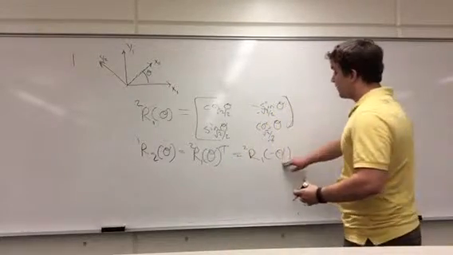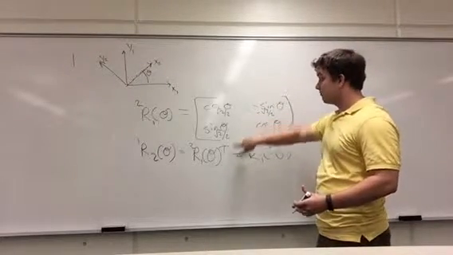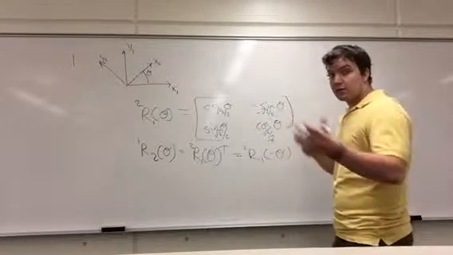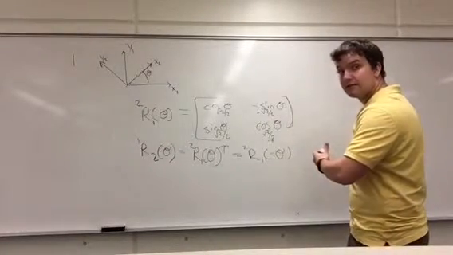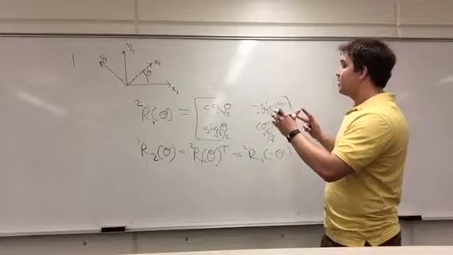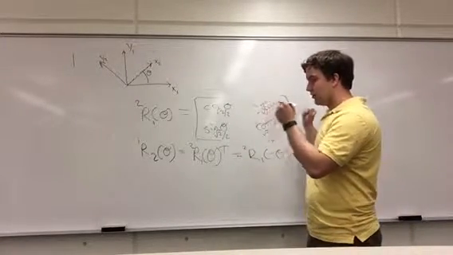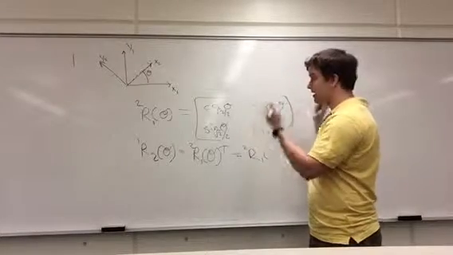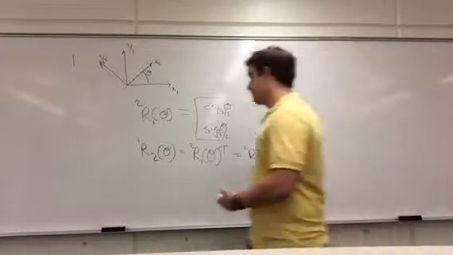And because I'm moving by that negative theta, it's essentially the same as just swapping these around, which is just transposed. So if you're trying to move from one system to another system, and you already know it going to one system, then you just use the transposed version of the rotational matrix to get back to there.